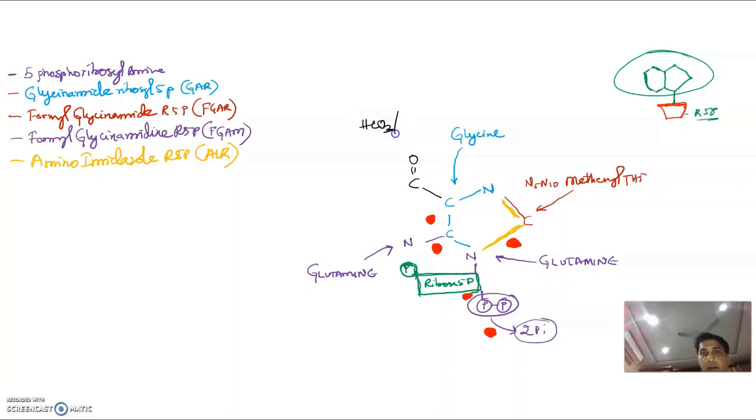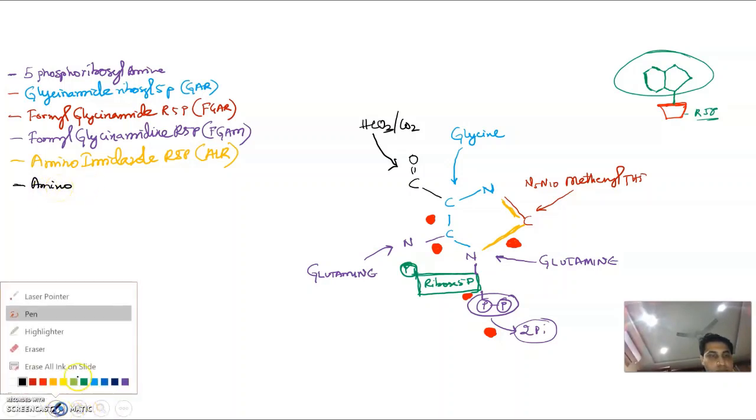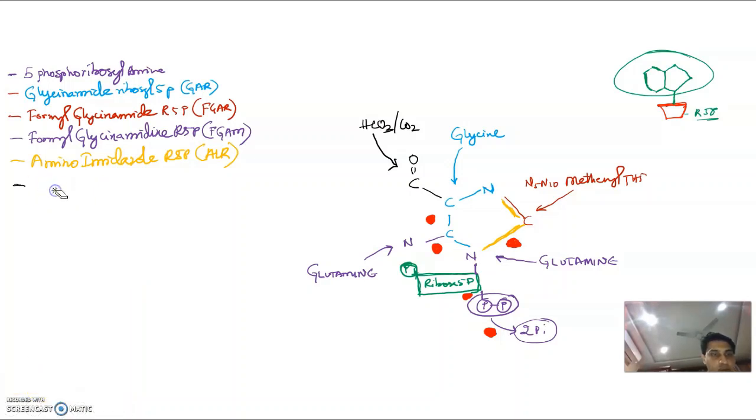Bicarbonate, or carbon dioxide, will give this, and this will form carboxyaminoimidazole ribosyl 5-phosphate, or CAIR. This step also requires an ATP.